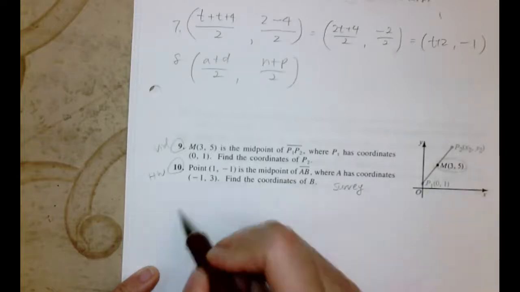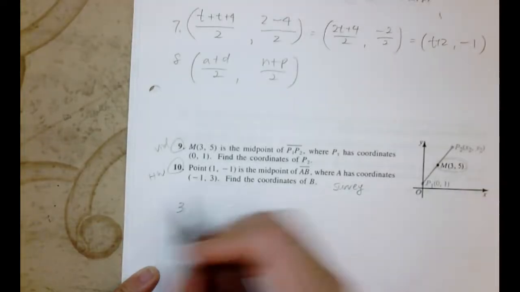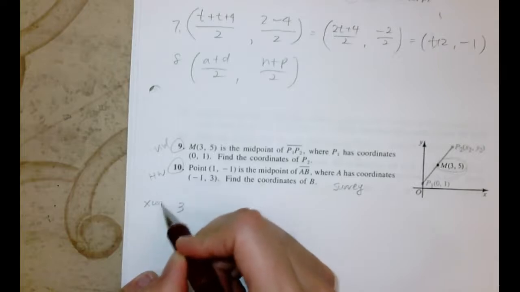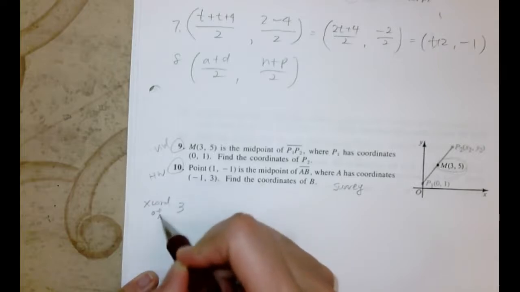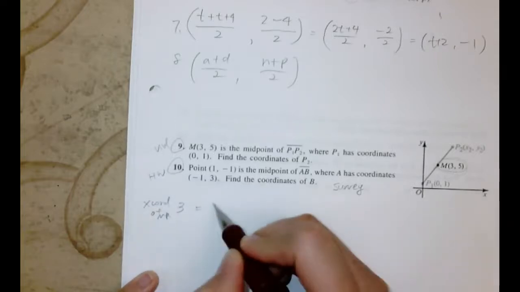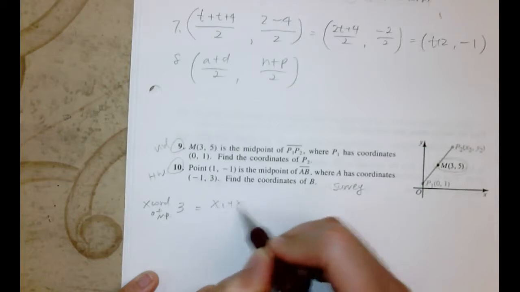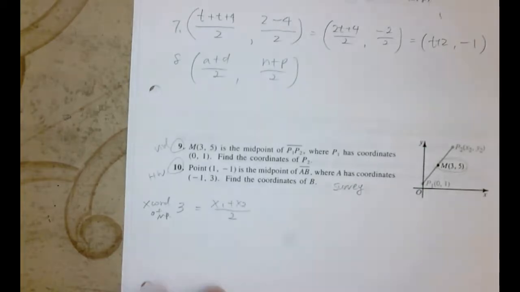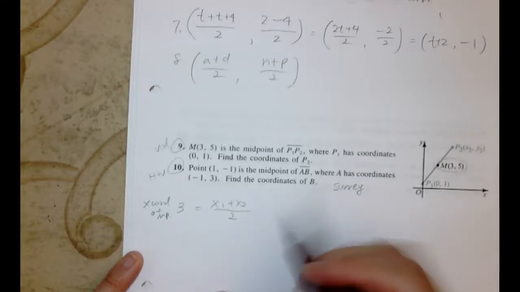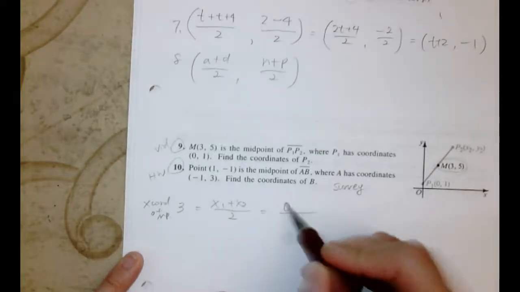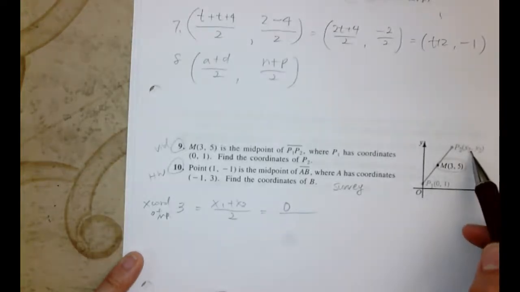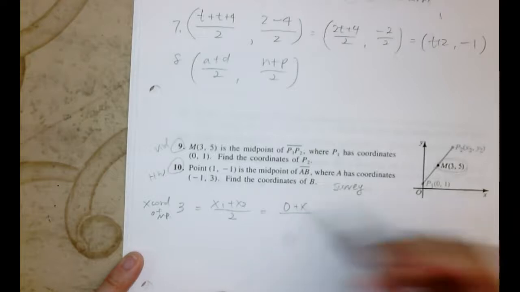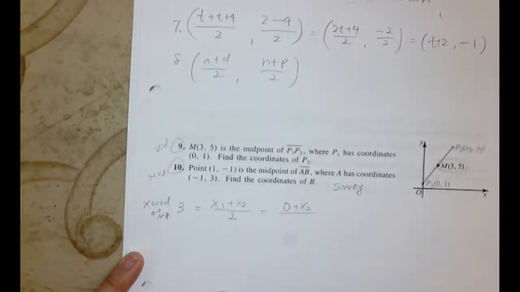So this is the midpoint equation. So 3 is the midpoint. This is the x coordinate of the midpoint, right? So this has to equal (x1 plus x2) divided by 2, right? And x1 is 0, and x2 is just x2, divided by 2.